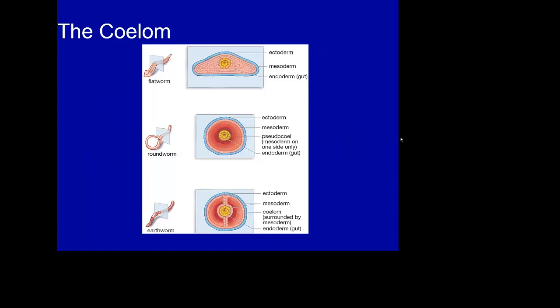But we also have to think about what it means as far as their complexity. So a flatworm, like I just showed you, has ectoderm, mesoderm, and endoderm, but it's not going to have a cavity. You see? There's no coelom here. So it has no internal cavity. As soon as I tell you that, you need to think, okay, that's no space for internal organs, right?